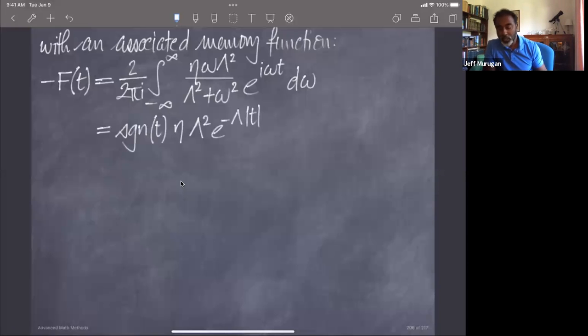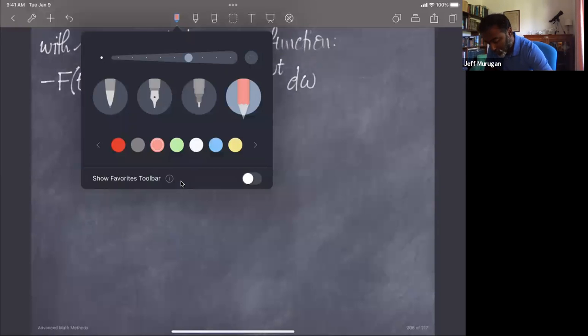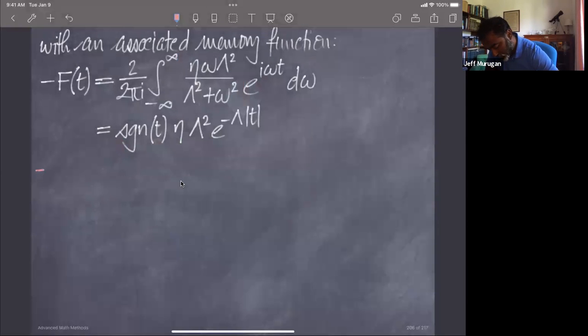And here we can immediately see that lambda plays the role of a regulator in the fact that it is an envelope to the behavior of the rest of the term. As an exercise, I would like you to carry out this integral.